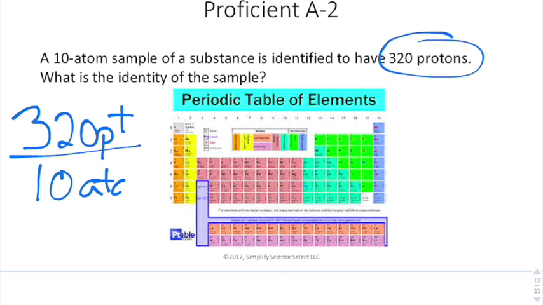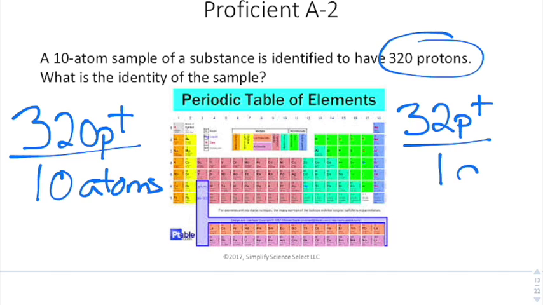The reason I want to do that is that it'll tell me the number of protons, 32 protons, that every one atom has. Now I can look at the periodic table because the periodic table is displaying information for one atom. So I need to go to my periodic table and ask, what is the one element that has 32 protons in it? And so you look at the atomic number. You'd start here with hydrogen, it'd be 1.